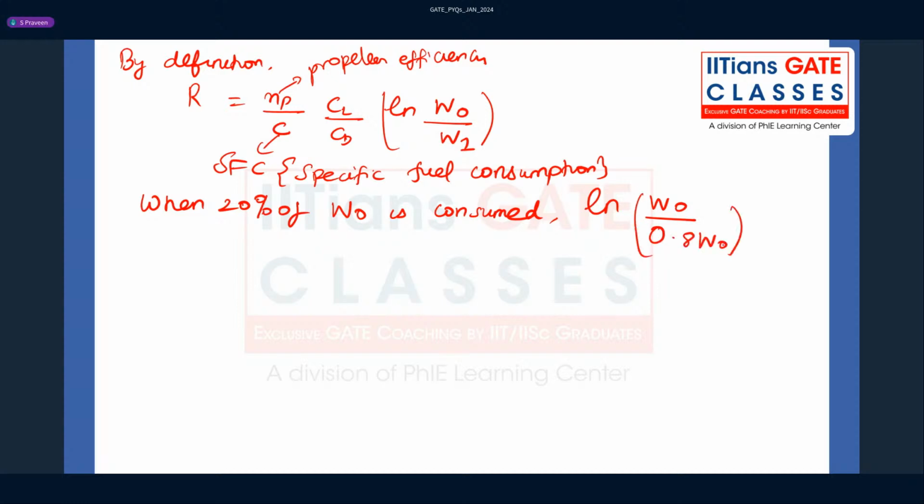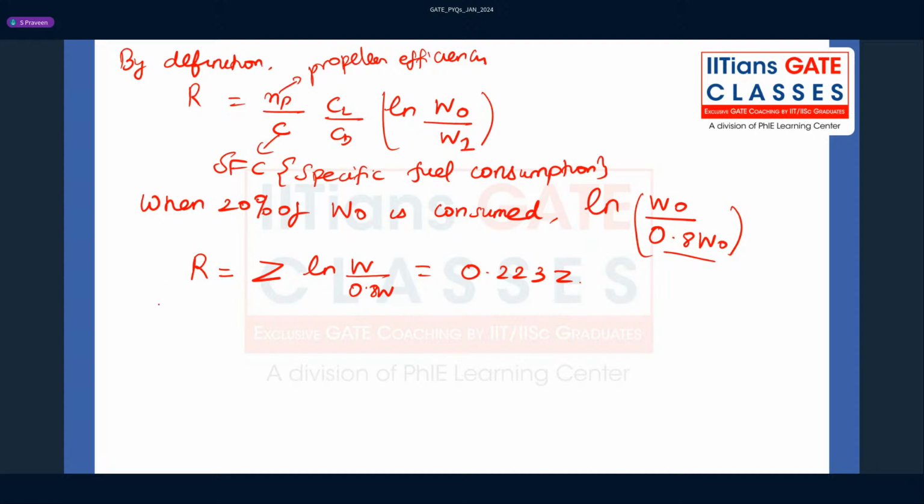Because it has consumed 20%, remaining is 80%, so that's why I'm putting a 0.8 in here. All these terms are constants, so let me write this as R equal to some Z times ln of W by 0.8 W. This will give you a value of 0.223 Z. This first.